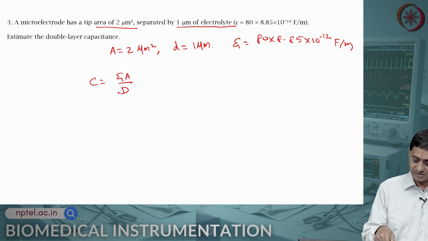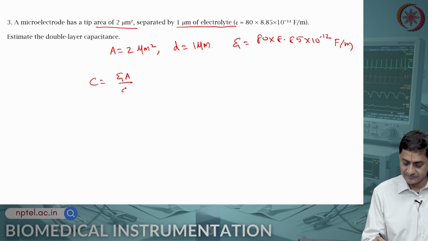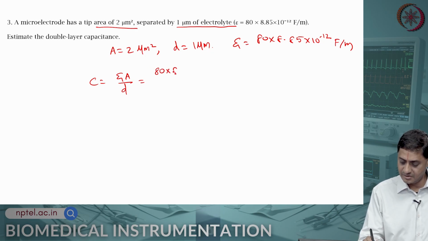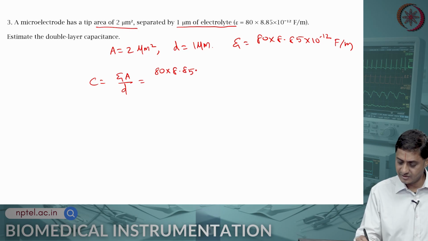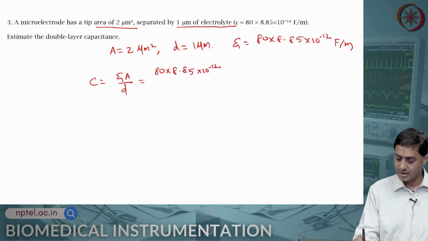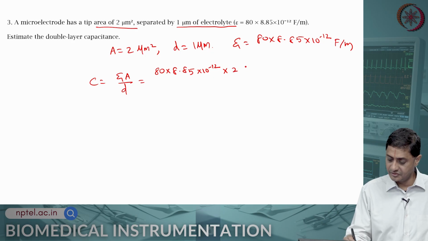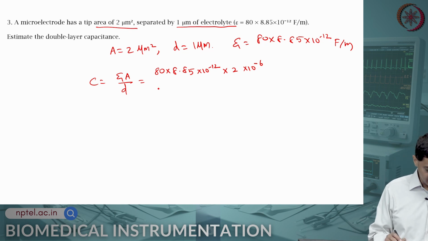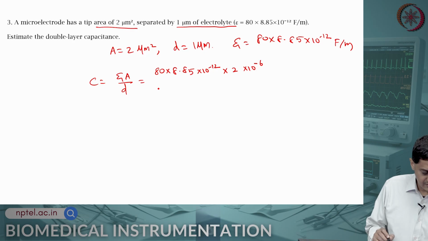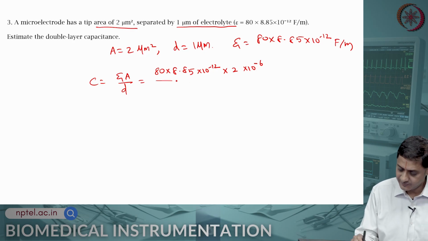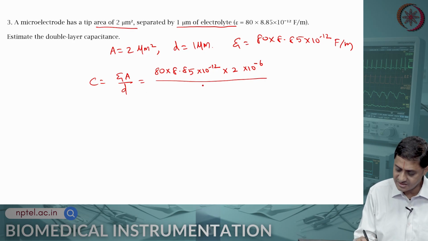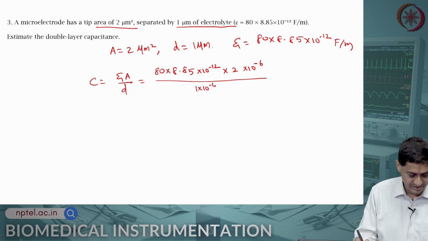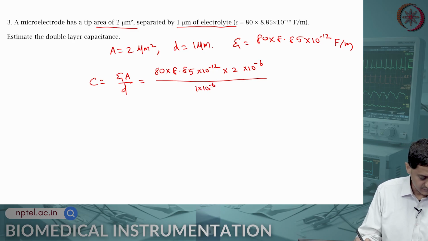I could write this as 80 into 8.85 into 10 power minus 12, into 2 into 10 power minus 12 meter squared for A, because 2 micrometer squared is 2 into 10 power minus 12 meter squared, divided by d, which is 1 into 10 power minus 6 meter, 1 micron.